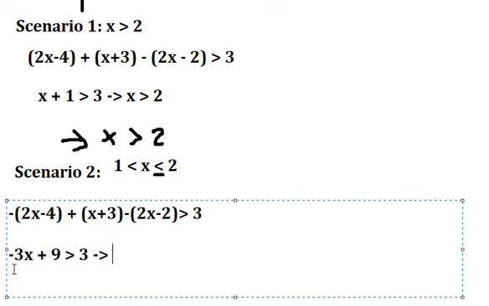So in this one, I will put negative 3s to the right, number 3 to the left. And now this one we have number 6.